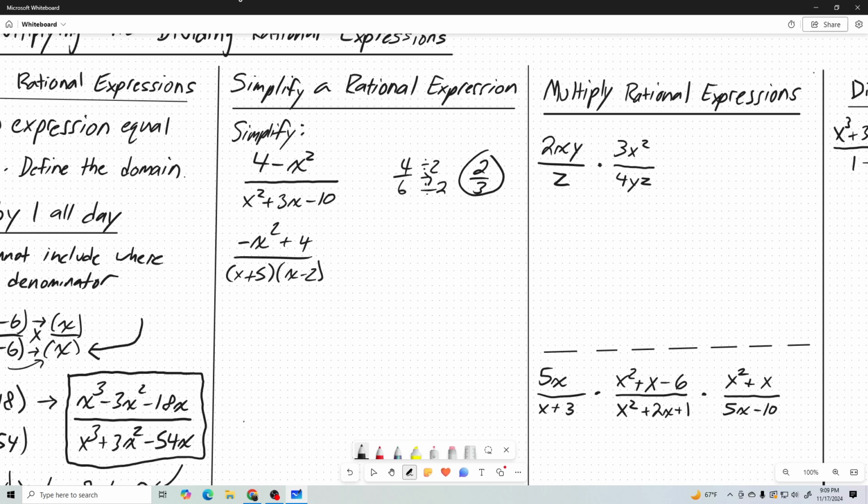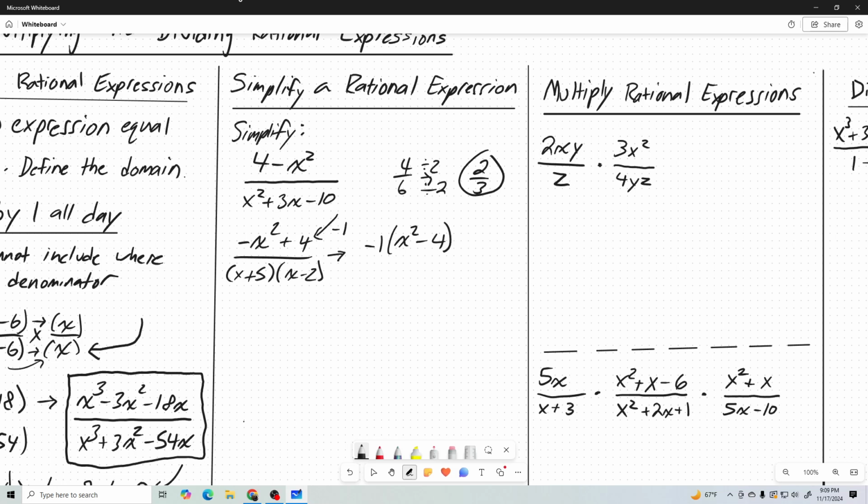Okay, so let's focus more on this top again. All we did was just factor the bottom real quick. If we take this term and take a negative 1 out of both sides, it'll get it into the form that we need. So this is kind of the trick to this. If we take a negative 1 out, we're going to get negative 1 times this just becomes x squared, and then negative 1 times positive 4 becomes negative 4.